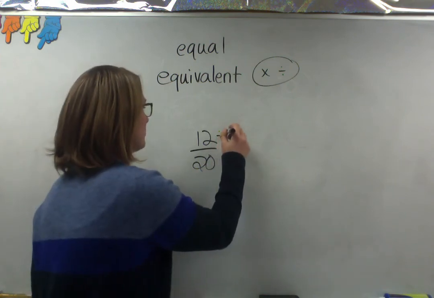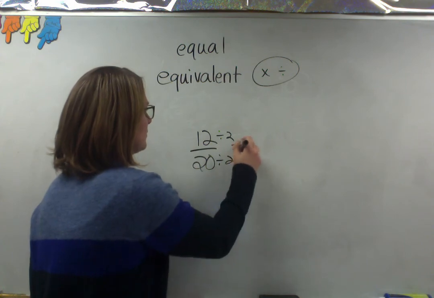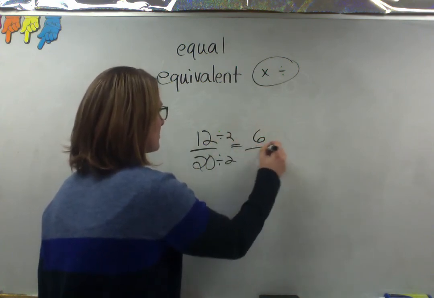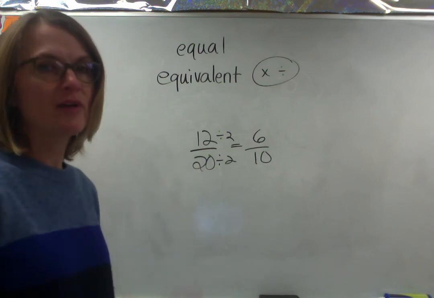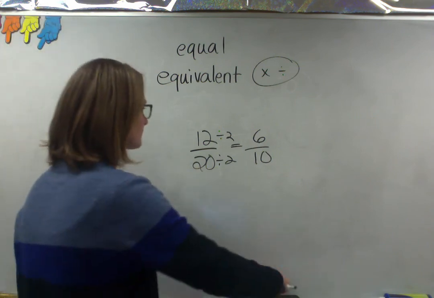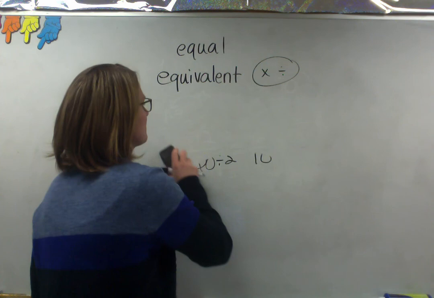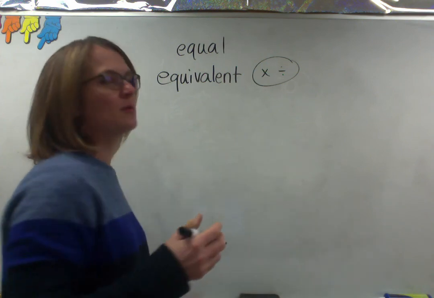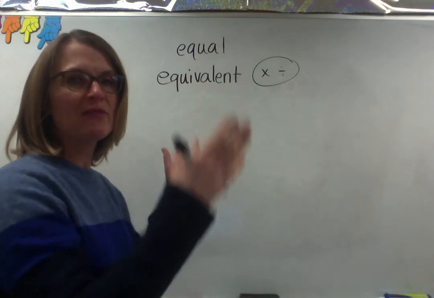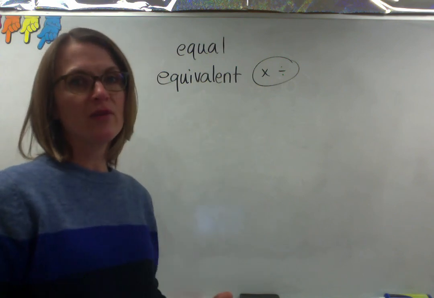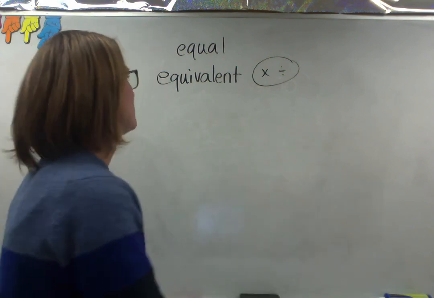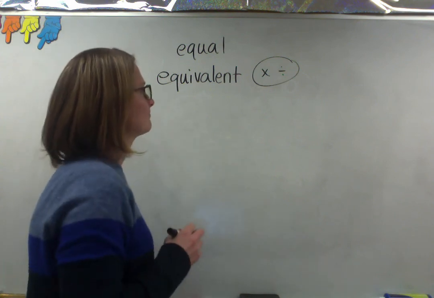But I could divide them both by 2, which means 12 divided by 2 is 6, and 20 divided by 2 is 10. So 6/10 is an equivalent fraction for 12 over 20. All right? And this is important, and you can do it with any number, but when you're adding or subtracting, you have to make sure you're making a number that's the same for both fractions, which is why we have to list out the multiples.